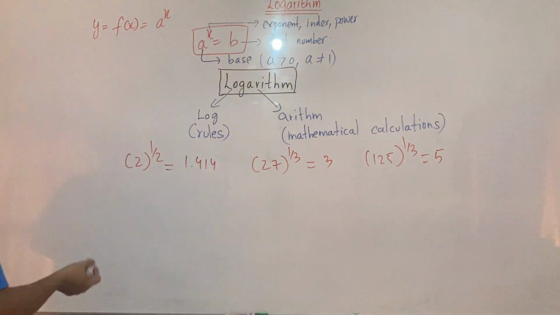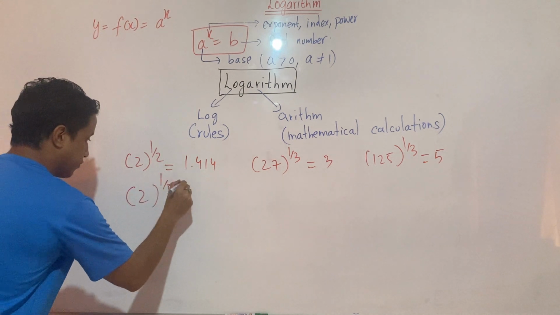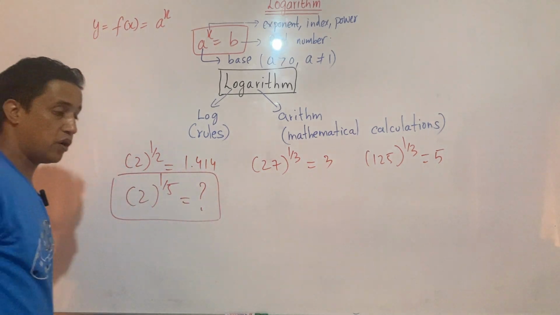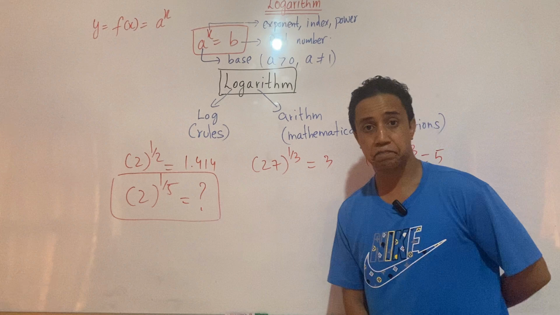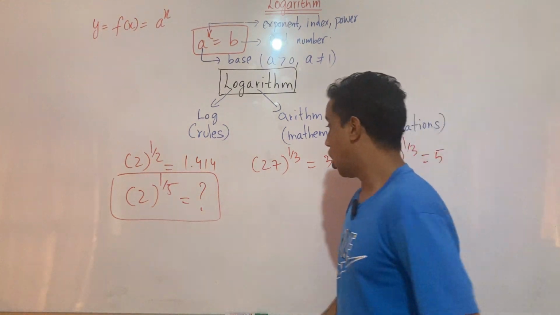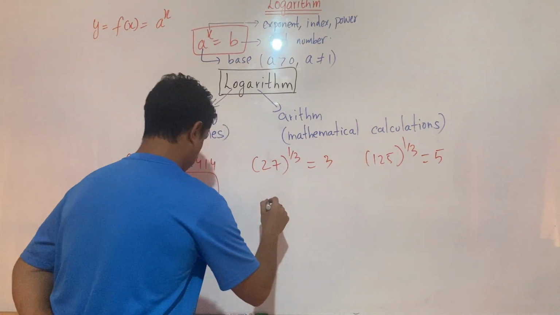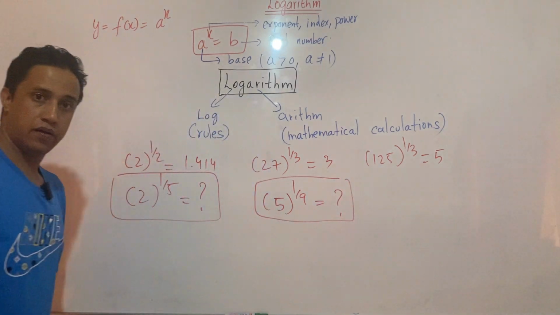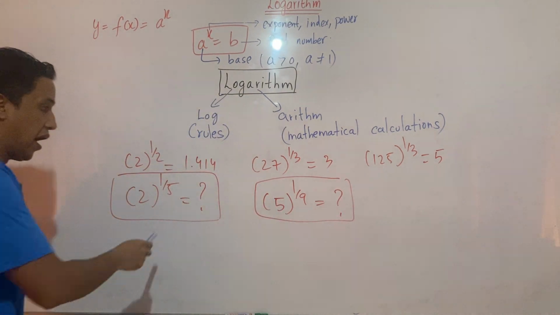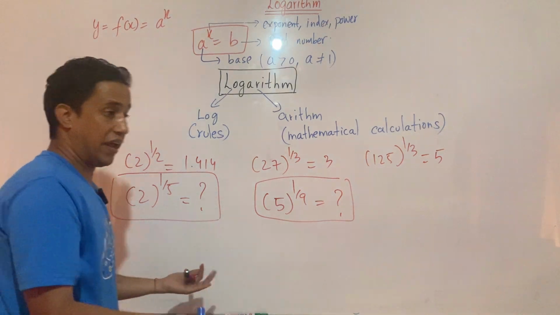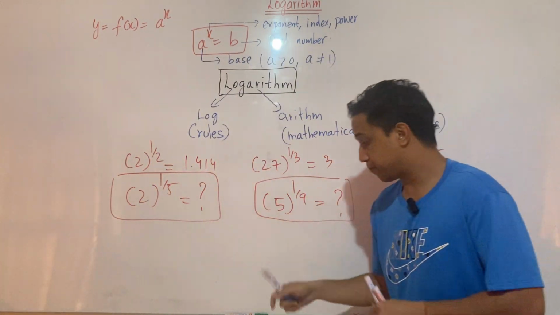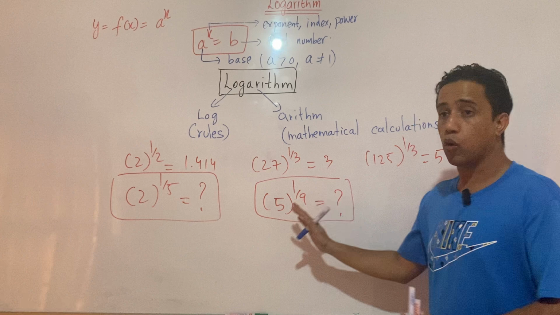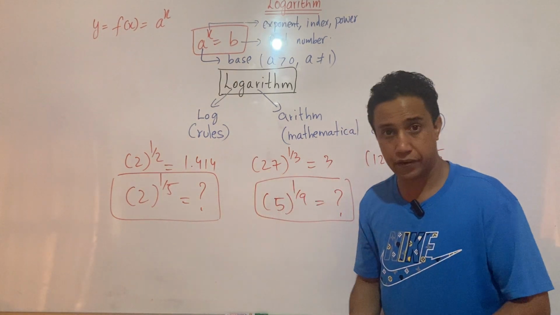But what if I say, tell me the fifth root of 2? Now what would happen? You would say, I don't know, right? Or what's going to be the ninth root of 5? I don't think anyone knows the value for this, but most of you will say I don't know, but we have to figure it out, right?